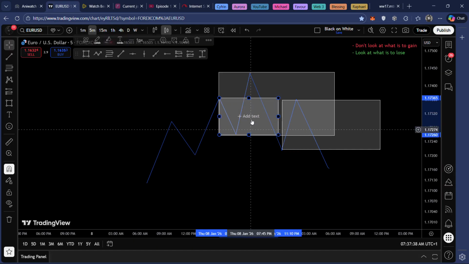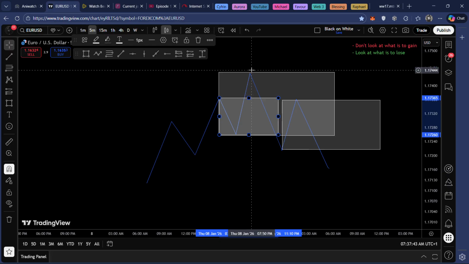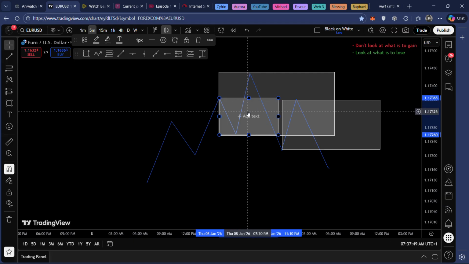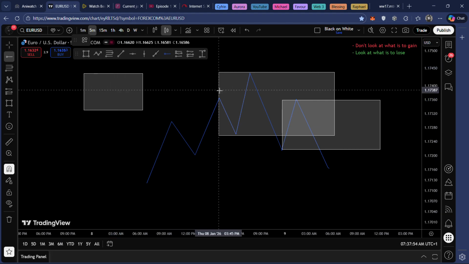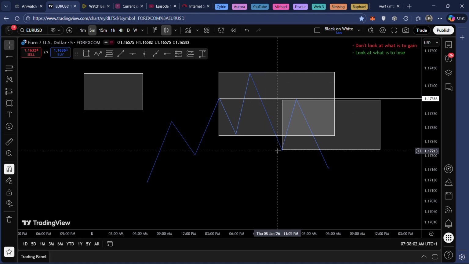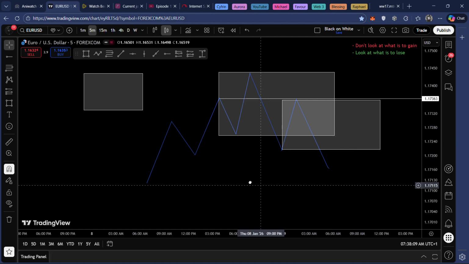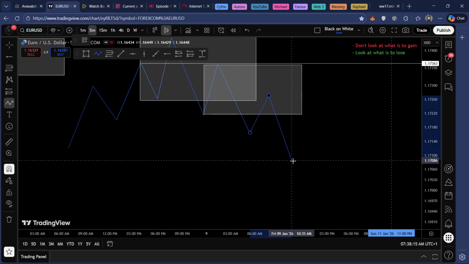Let me remove this to reduce confusion. There was an order block here from this line down. It failed, then it entered this old breaker block, then came down. Then we have another order block.